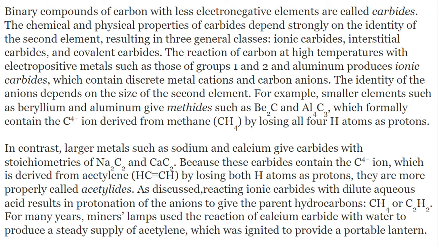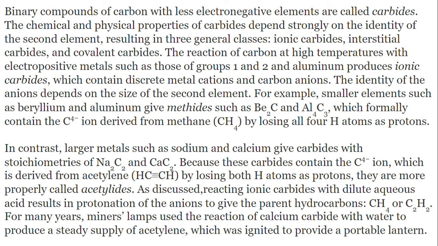In contrast, larger metals such as sodium and calcium give carbides with stoichiometries of Na2C2 and CaC2. Because these carbides contain the C2(2-) ion, which is derived from acetylene by losing both hydrogen atoms as protons, they are more properly called acetylides.